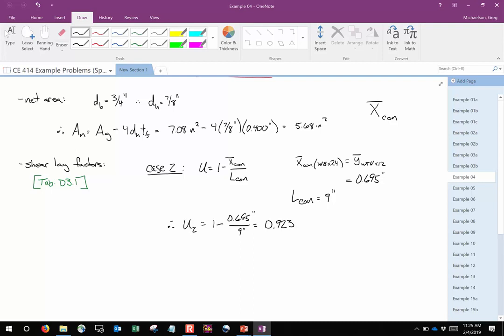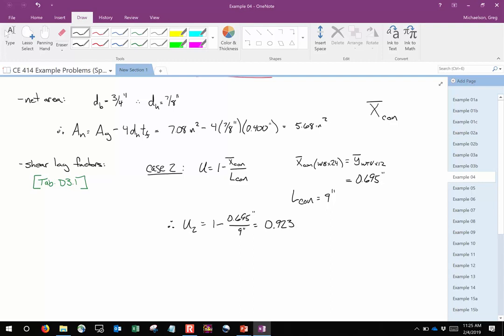What does case 7 state? A W, M, S, or HP shape or T's cut from these shapes, with flange connected with 3 or more fasteners per line in the direction of loading. Is that the case for our section? How many fasteners per line for our shape? 4, right? So is that case applicable? 3 or more.